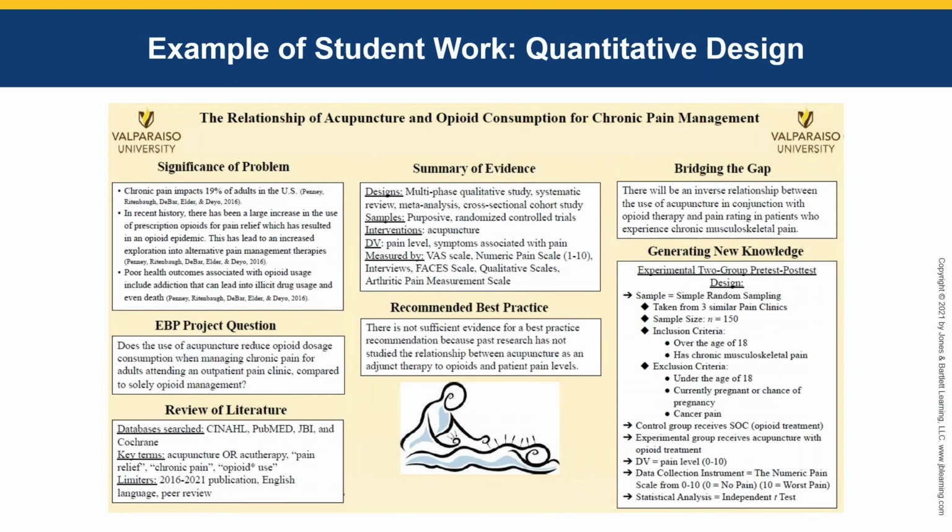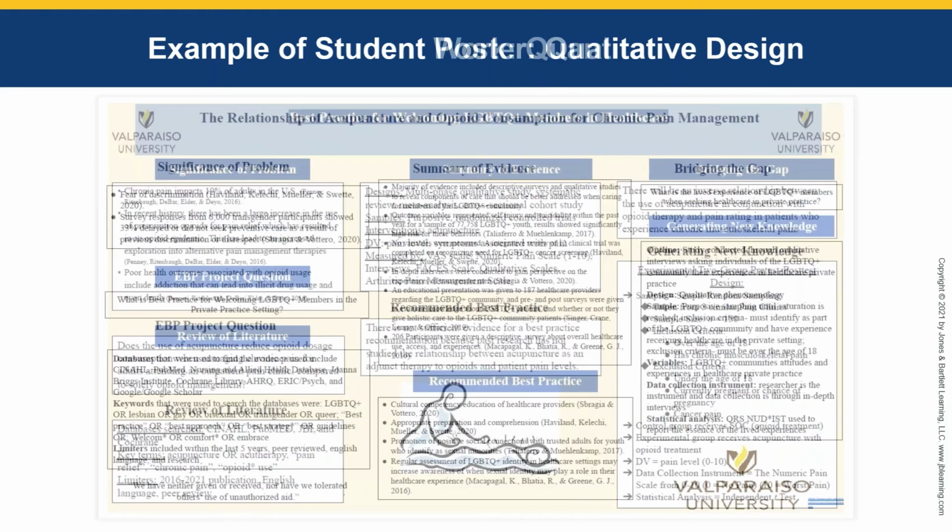Here's another one. That previous one was the Buzzy, the pain on injection. This one is the one about acupuncture and opioid consumption, and they decided to use a quantitative design. And so again, you can see that they're unique. Each group comes a different way to it.